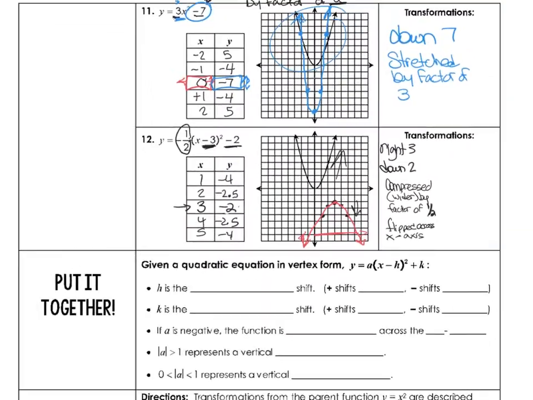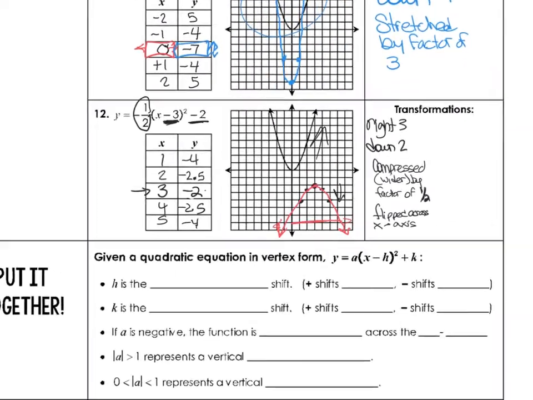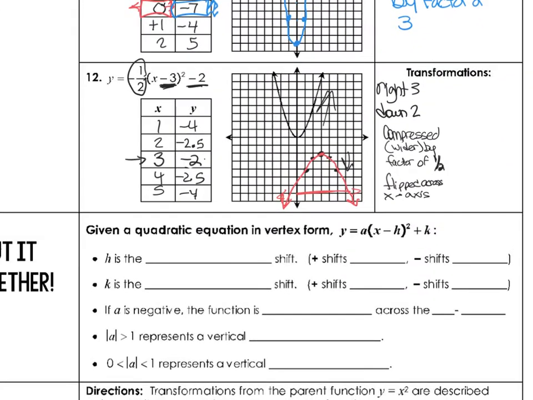All right, let's see. H is the horizontal shift. Shift is when you're shifting to the left or shifting to the right.